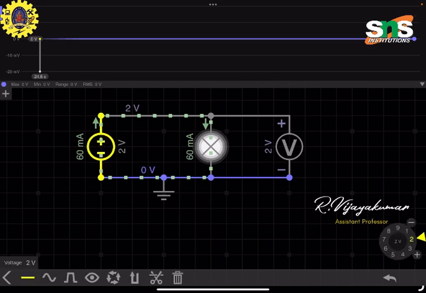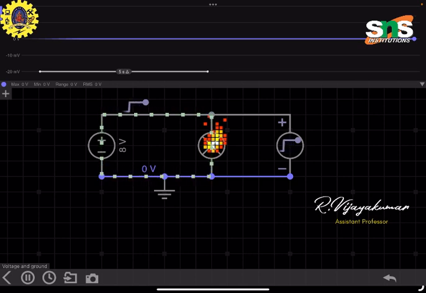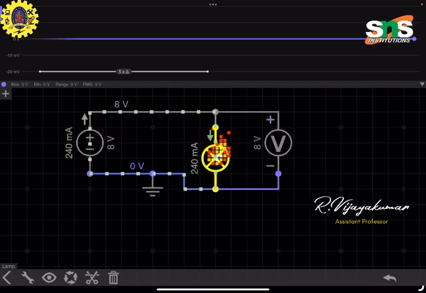Next I'm increasing the voltage source here, from 2 volts to 8 volts. What will happen? Automatically the lamp gets damaged here.